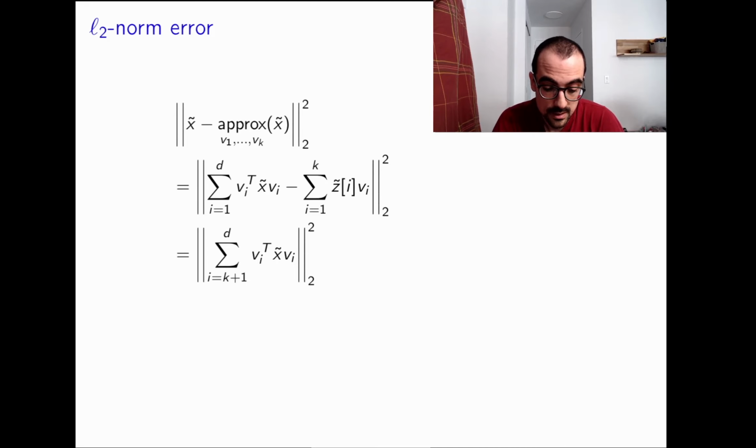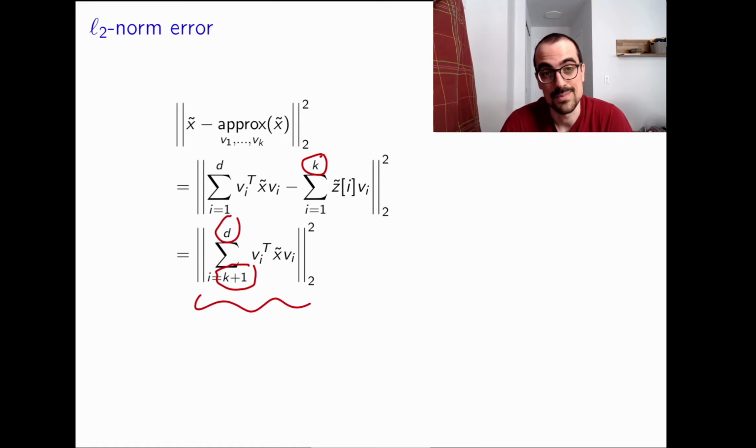So here I'm truncating at k, so the error is going to be equal to what is left: the components from k plus 1 to d, which I'm essentially throwing to the trash. So how much information do those guys have? And by information, we mean the L2 norm approximation to the original random vector.